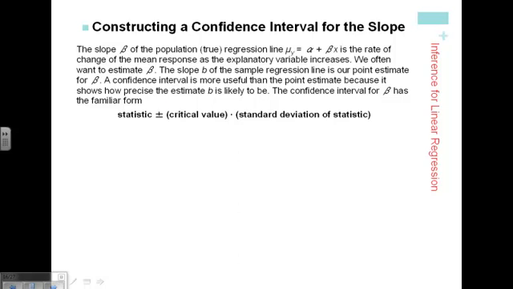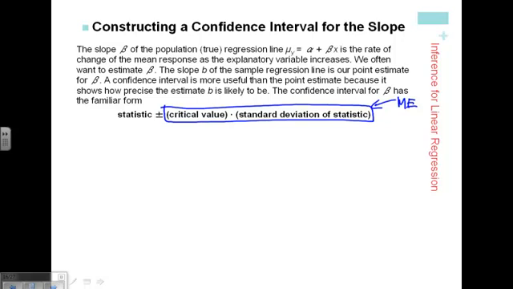And we call this stuff combined the margin of error. We find the margin of error by taking some critical value from one of our probability tables and multiplying it by the standard deviation of the statistic. Let's see what we're going to do for this one.